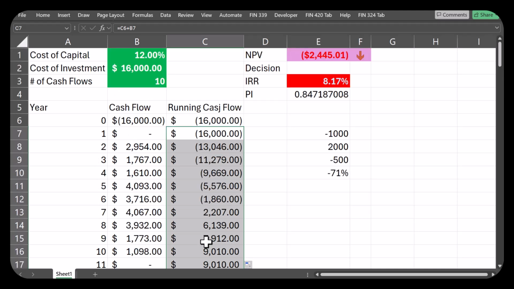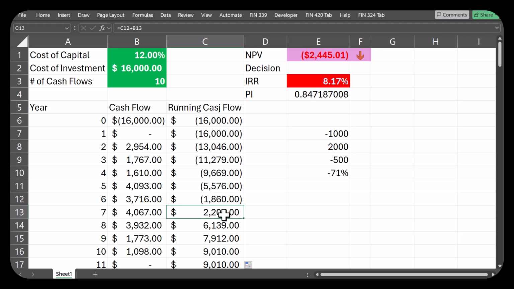Let's leave it at that for now. We're going to look at in what years I get into a positive cash flow. When I'm doing the template, I'm going to actually let the formatting immediately tell you in what years, but not today.